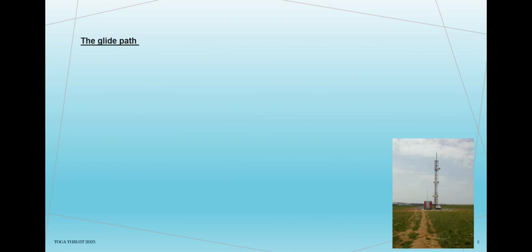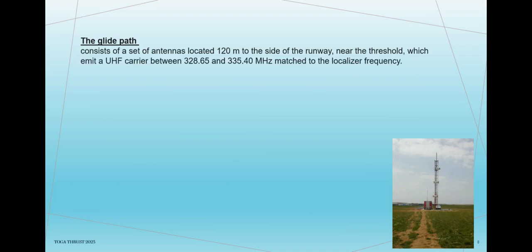The glide path consists of a set of antennas located 120 meters to the side of the runway, near the threshold, which emit a UHF carrier between 328.65 and 335.40 MHz matched to the localizer frequency. It is modulated by two low frequencies, one at 90 Hz and the other at 150 Hz.